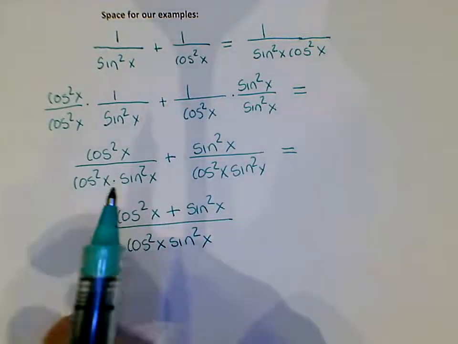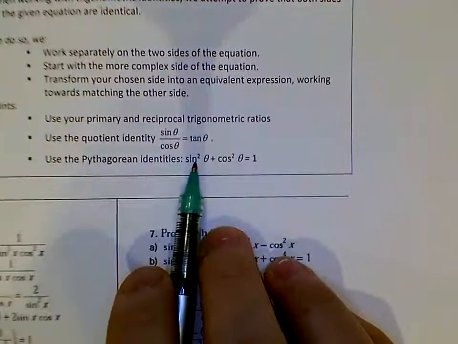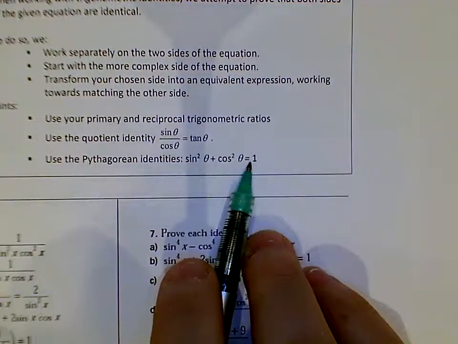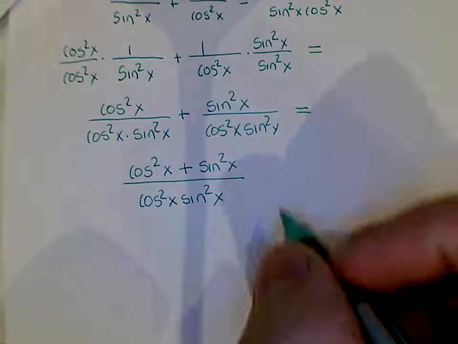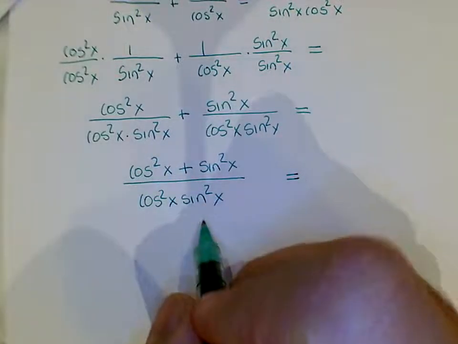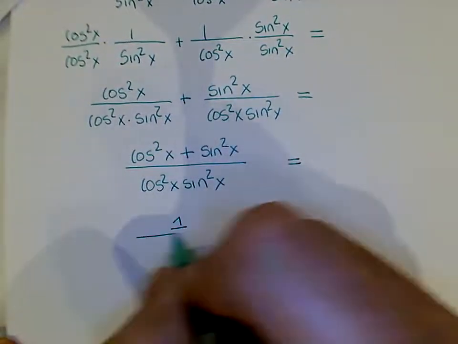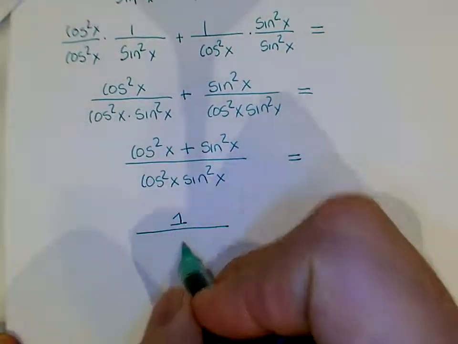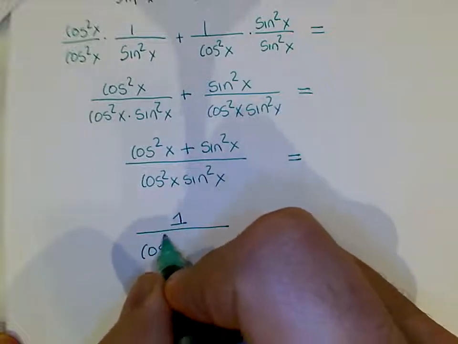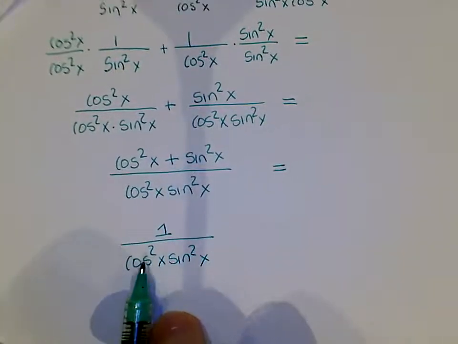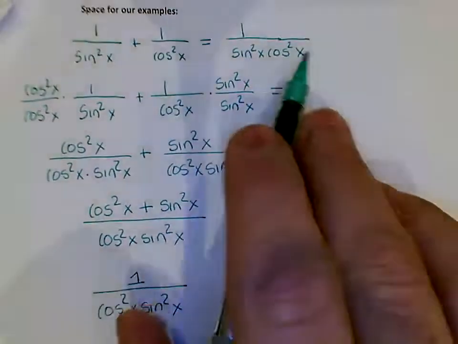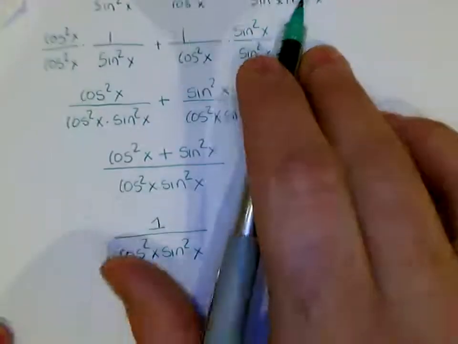Now remember when we talked about this Pythagorean identity, sine squared x plus cosine squared x equals 1? Well, cosine squared x plus sine squared x, it doesn't really matter the way that I order these up. I can just replace them with 1. Now, cosine squared x sine squared x is the same thing as sine squared x cosine squared x.